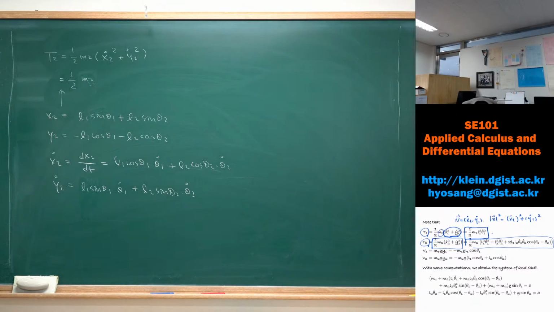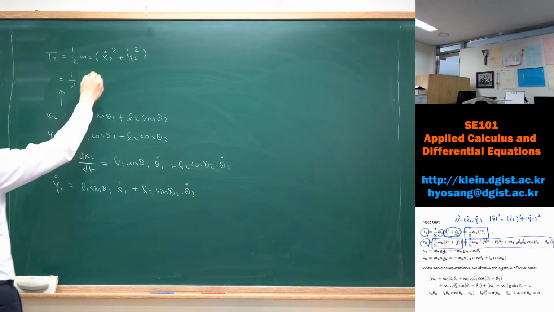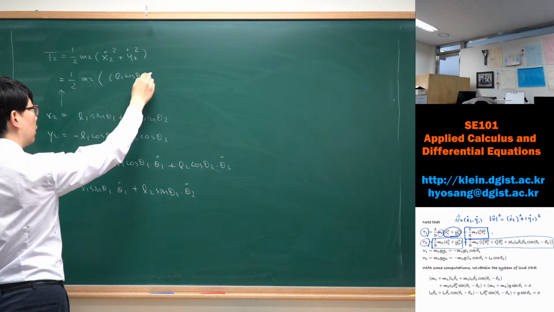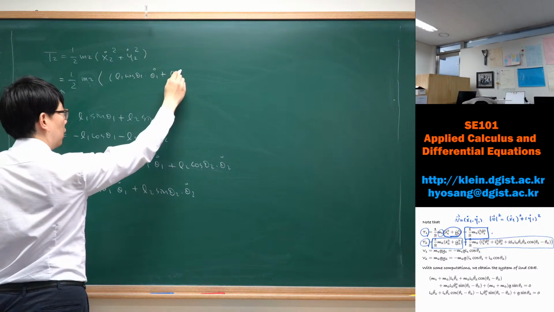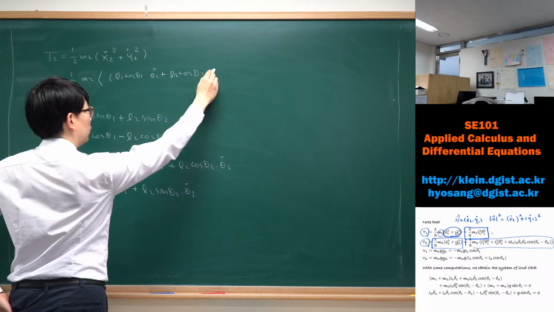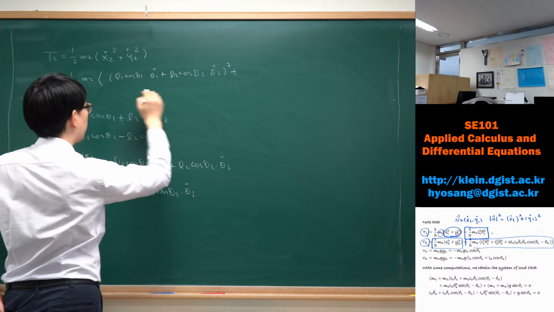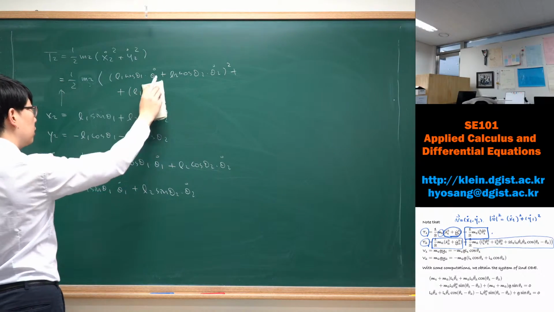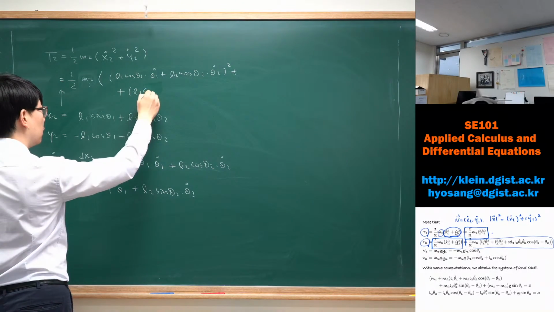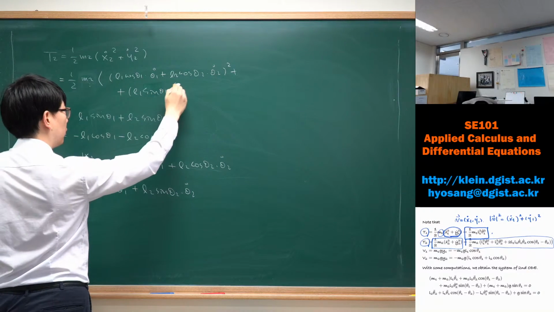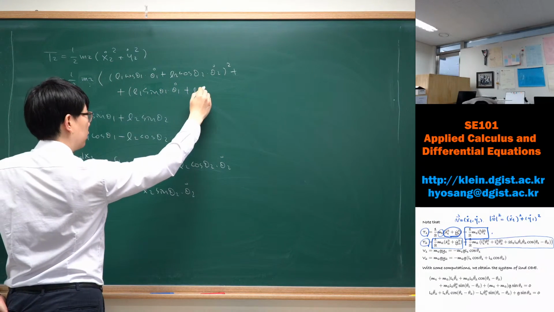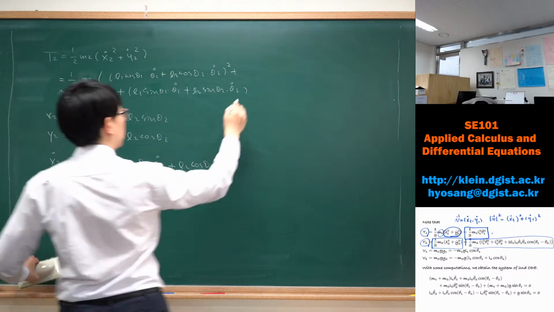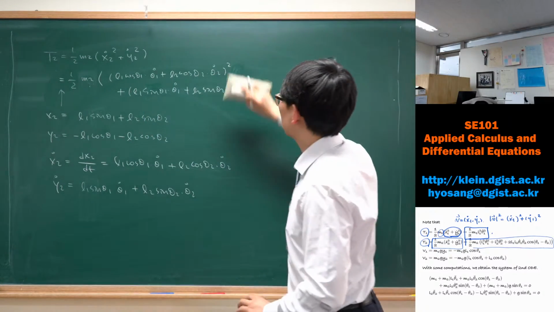So I'm going to plug this into the formula. So this is L1 cosine theta 1 dot plus L2 cosine theta 2 dot, squared, and L1 sine theta 1 dot plus L2 sine theta 2 dot, squared. Right?